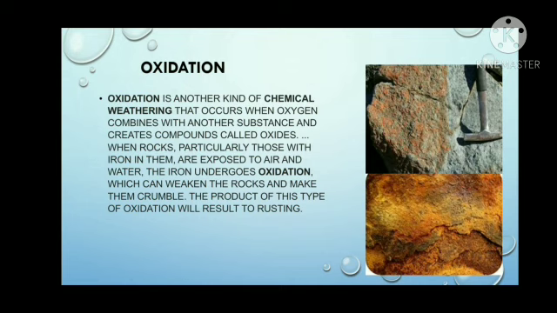When rocks, particularly those with iron in them, are exposed to air and water, the iron undergoes the oxidation process, which can weaken the rocks and make them crumble. The product of this type of oxidation will result in rusting, as you can see in our image.